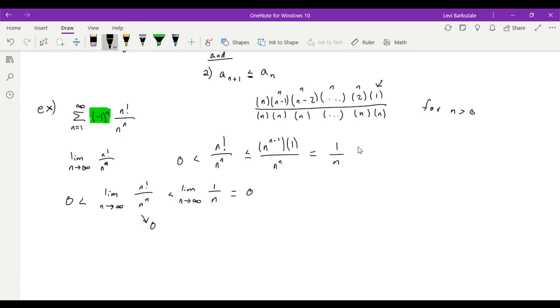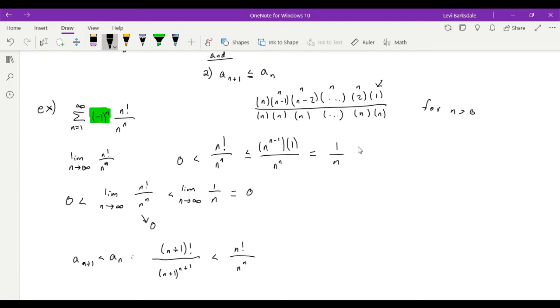The second condition is we need to show that each term is bigger than the last one, or smaller, sorry. Each term is smaller than the one that came before it. So we would simply plug in an n plus 1 wherever we see n, and say that has to be smaller than n factorial over n to the nth.